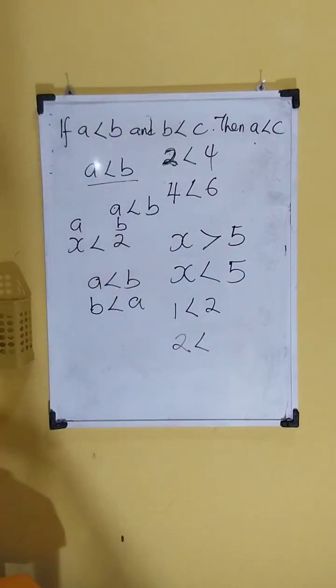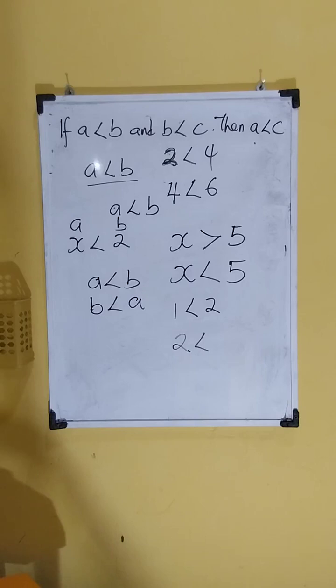Sorry, sir. Sorry to cut you. Yes, I'm here. The thing is that following this example, if A is less than B and B is less than C, then A is less than C. If we are to illustrate it, 4 is less than 6.